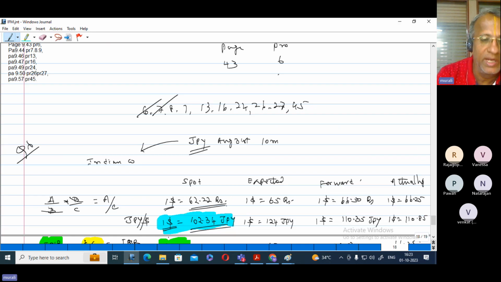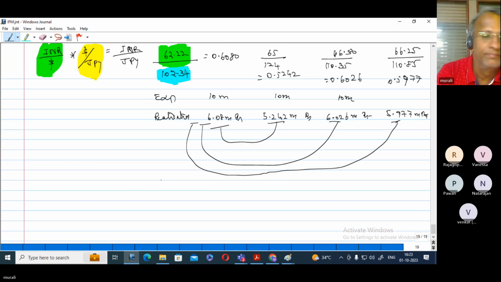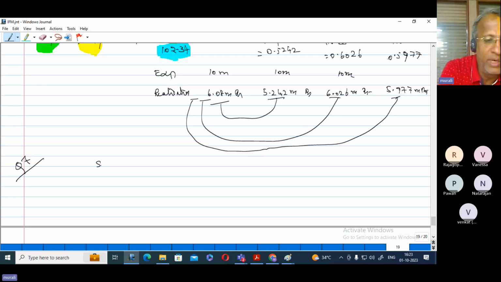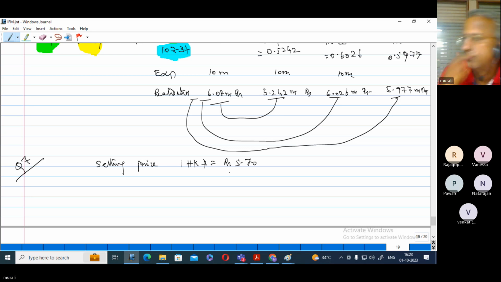Let us take it up. Question number 7. So the selling price: 1 Hong Kong dollar equals rupee 5.70. Correct? So you go for the buying price.